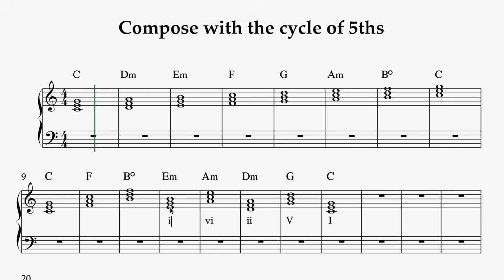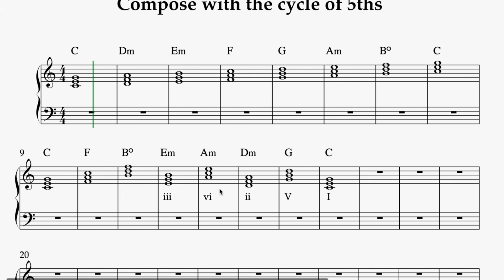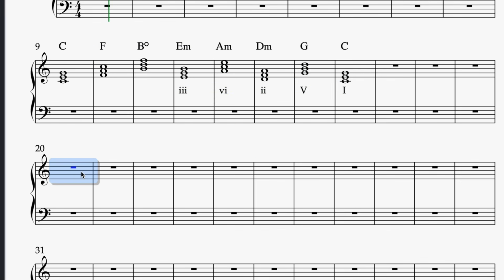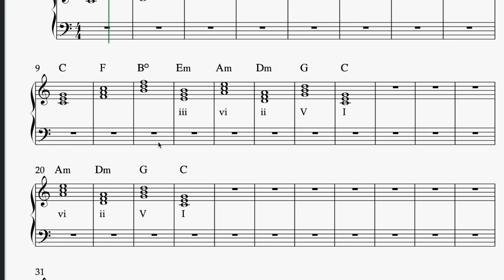We can have 3, 6, 2, 5, 1. Another alternative way that's very common to order them is to start on chord 6, which is a substitute for chord 1, right? And then if you do that, then we can sort of add this little ending here.